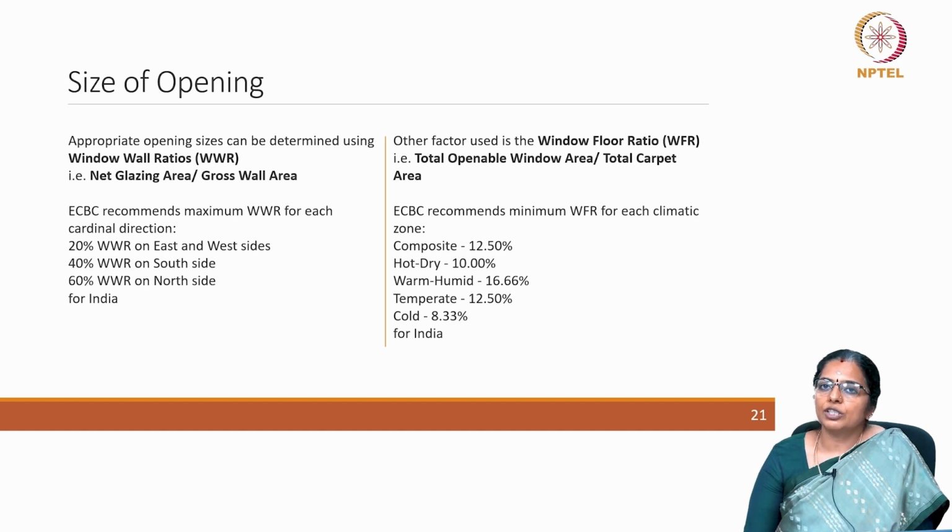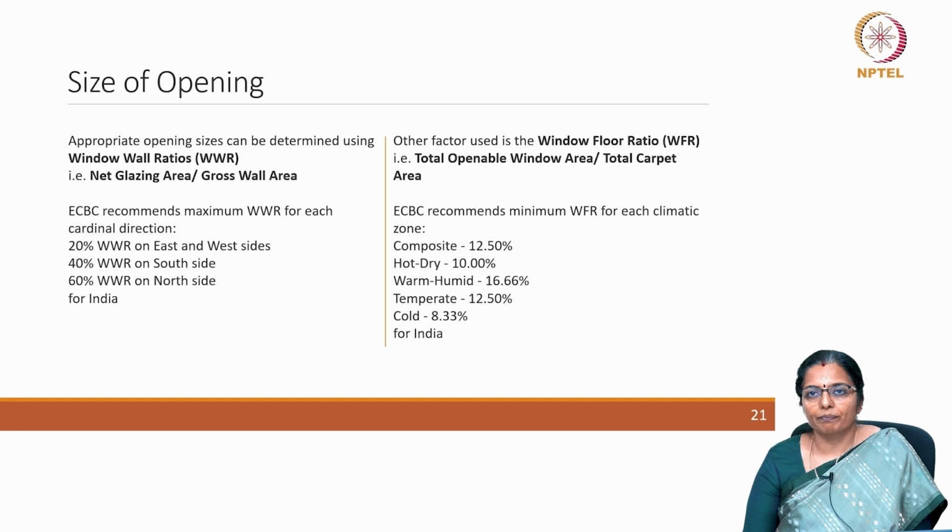Another factor which is used is called window floor ratio, WFR. That is total openable window area divided by total carpet area. ECBC recommends minimum WFR for each climate zone as below.